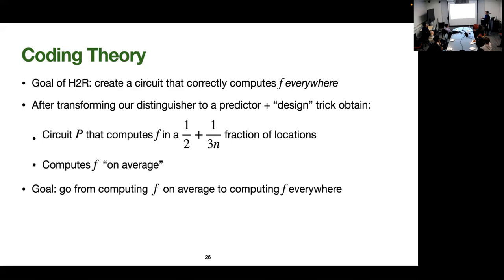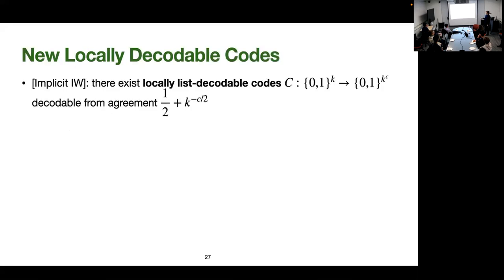So this is just an average case notion. And we want to go from computing f on average to computing f at every index. And the way we're going to do that is we're going to pull out this error correcting codes hammer. So implicit in this work of IW was a statement that there exist locally list decodable codes. If you don't know what that is, don't worry about it.